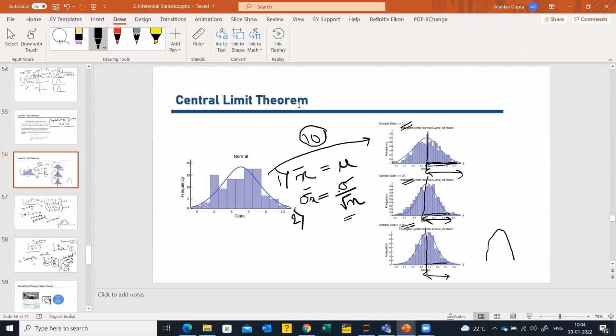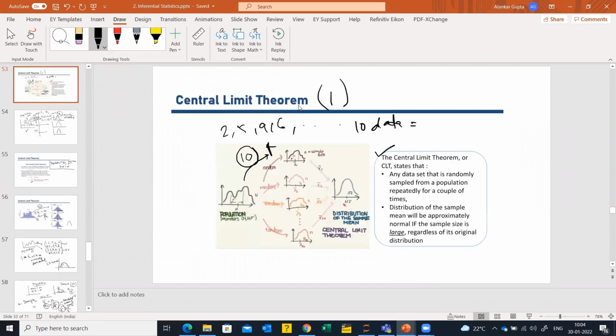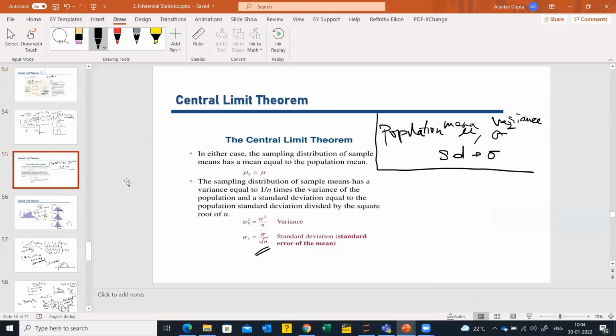I hope you understand now that the central limit theorem has two parts. One is that the distribution of the sample mean will be approximately normal if the sample size is large, regardless of its original distribution. Okay, so the data will be normally distributed. The second aspect says that the sampling distribution of the sample means has a mean equal to the population mean.